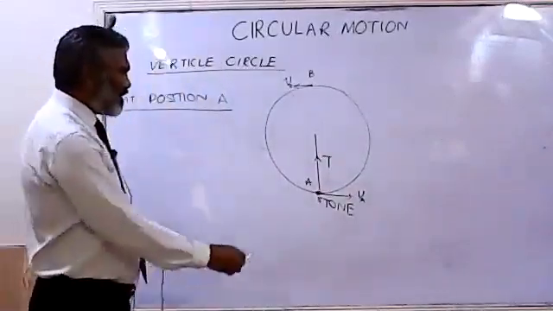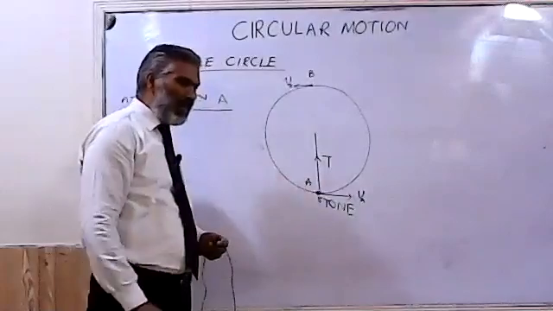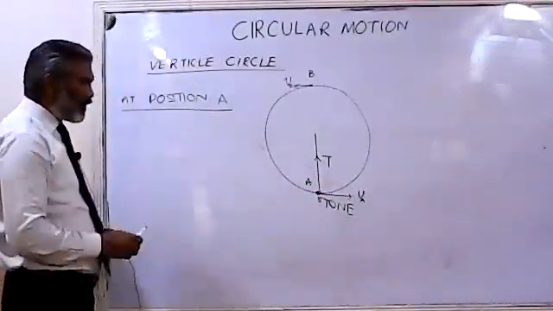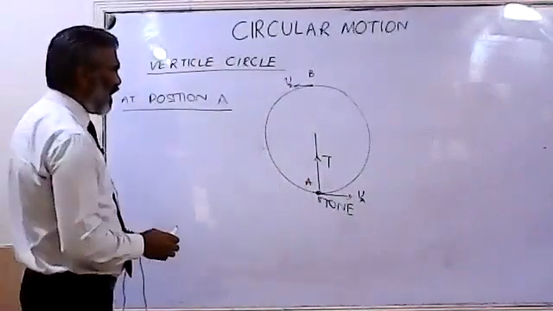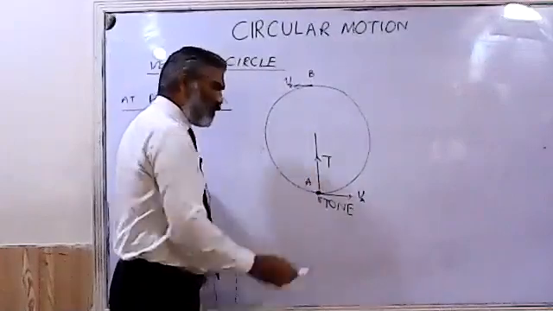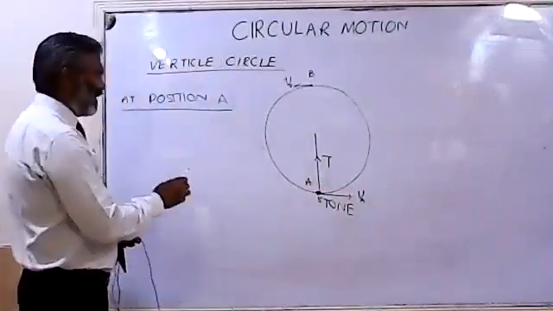The tension in the string provides the centripetal force, but it is maximum here because there are two forces which are at work at this position and that produce tension in the string.